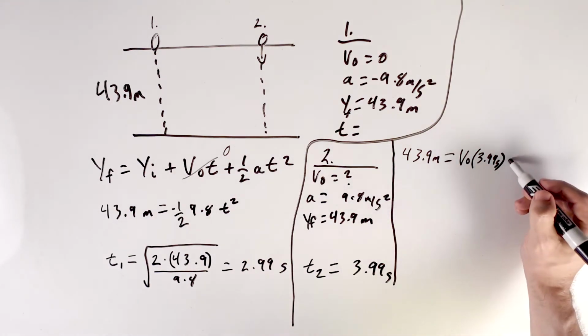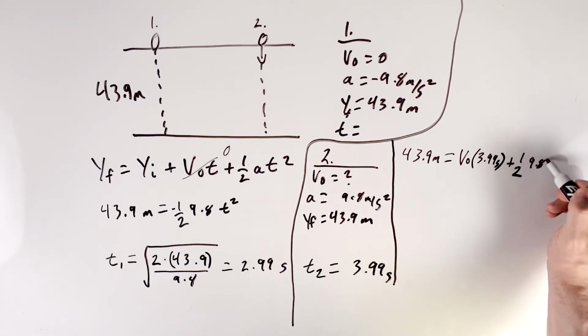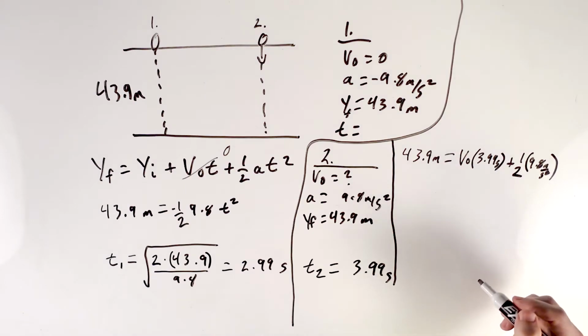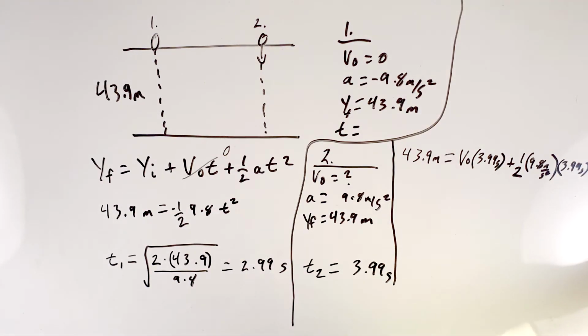And then we have plus 1/2 9.8 meters per second squared. Sorry, my handwriting's getting kind of small because I'm running out of room. And then this time squared, so 3.99 seconds squared. So hopefully you can see that. That is squared on there.